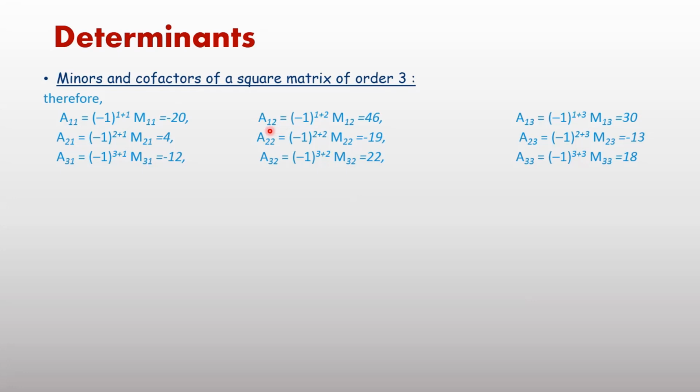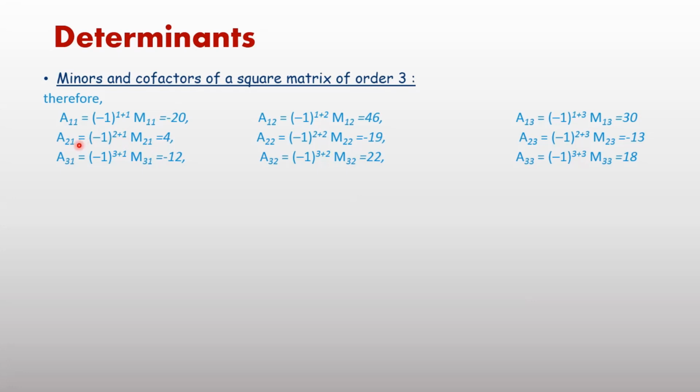A12: 1 plus 2 is 3, an odd number, so cofactor is of opposite sign of minor. Minor was minus 46, therefore now it is 46. A13: 1 plus 3 is 4, an even number, therefore cofactor is the same as minor, equal to 30.